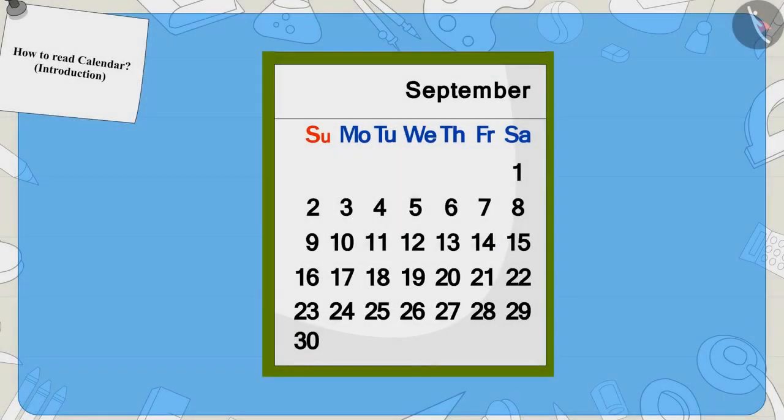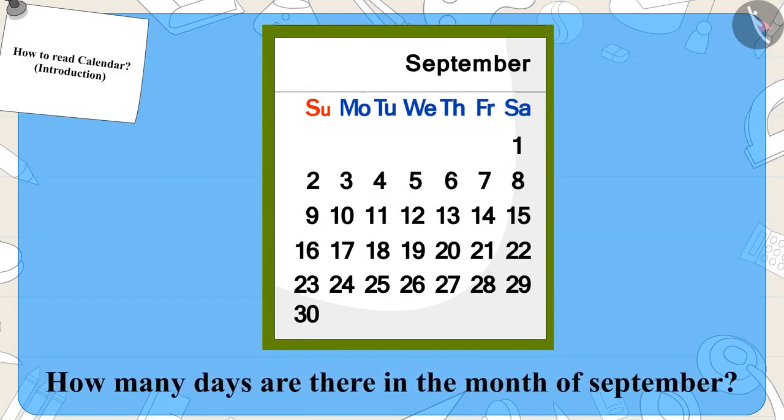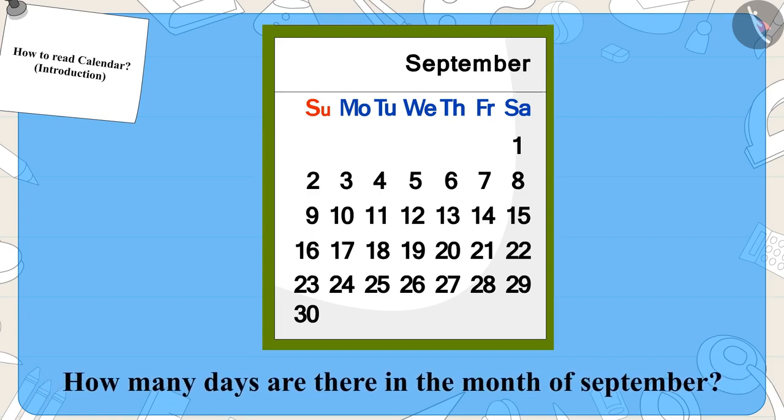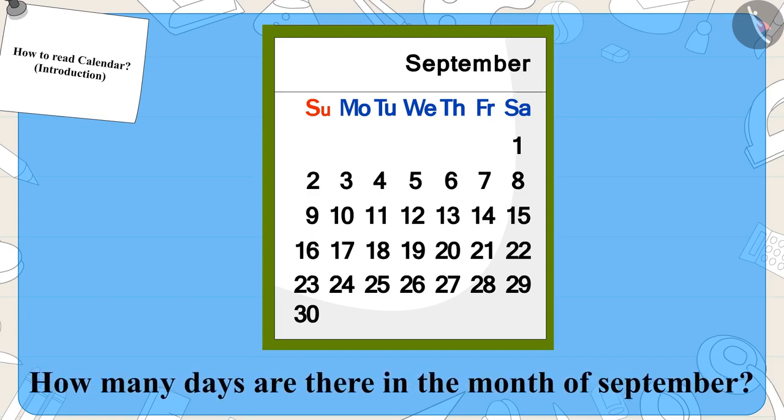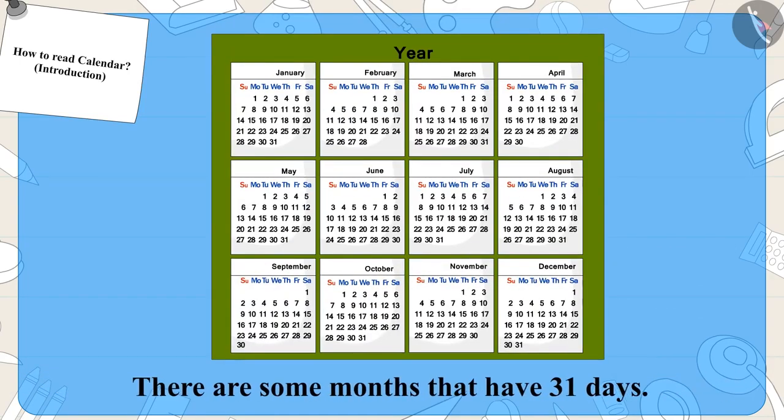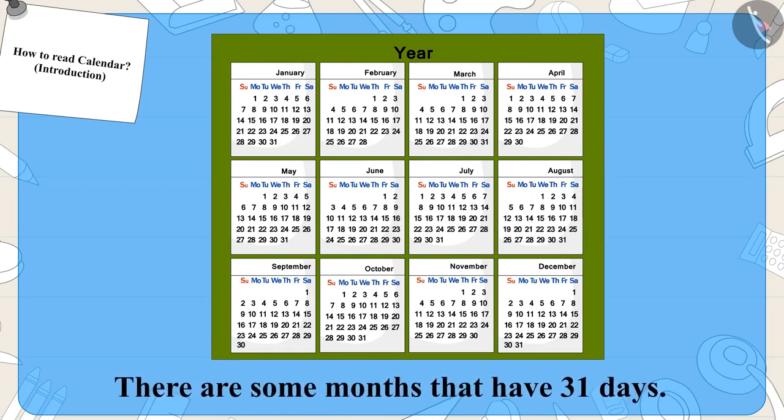Children, can you tell how many days are there in the month of September? That's right. 30 days. Children, do you know that there are not 30 days in all months? There are some months that have 31 days.